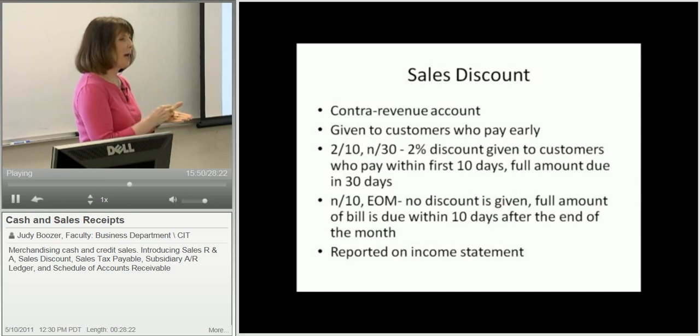If the customer pays within 10 days, they get a 2% discount. However, if they don't pay within 10 days, the full amount still needs to be paid within 30. And that is information only until it's paid. So no discount will be given unless that invoice is paid within 10 days of the date of the invoice.